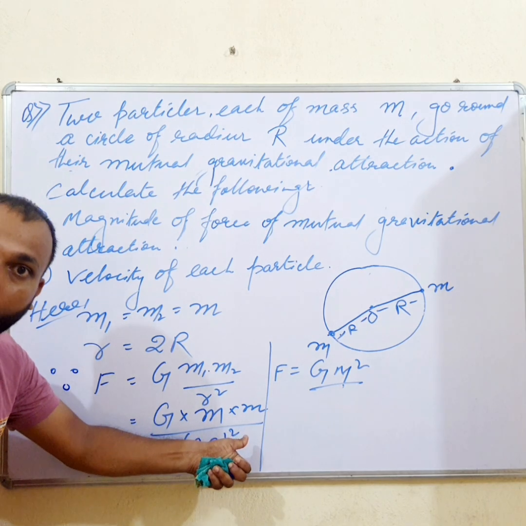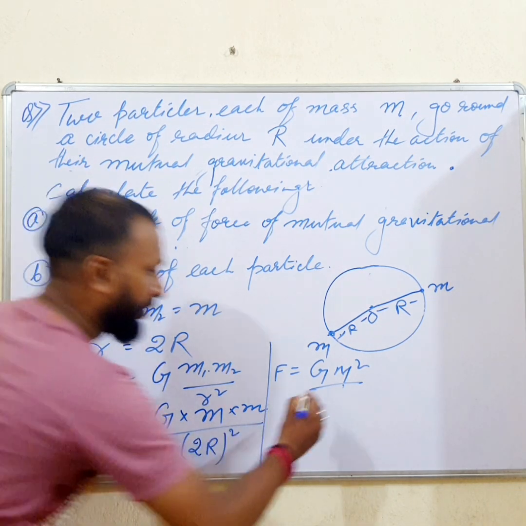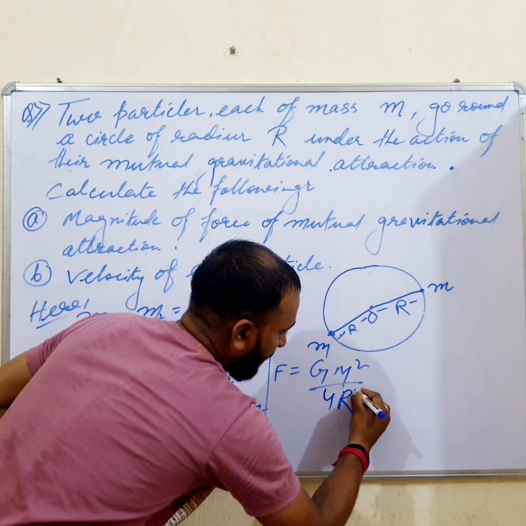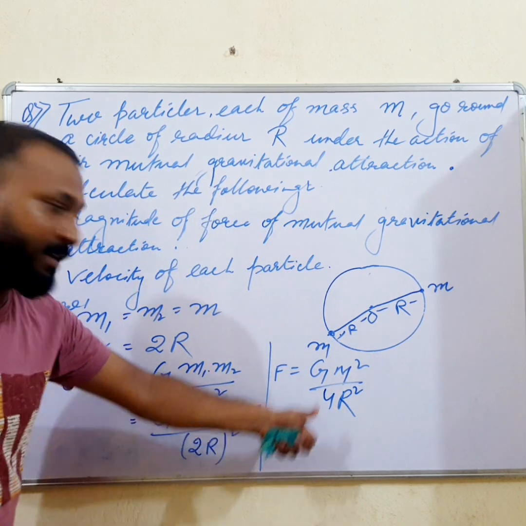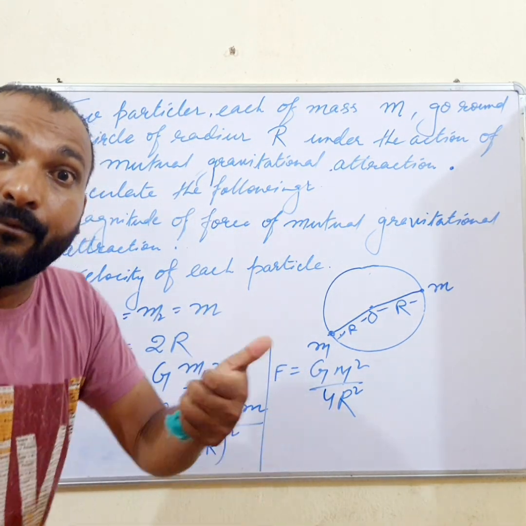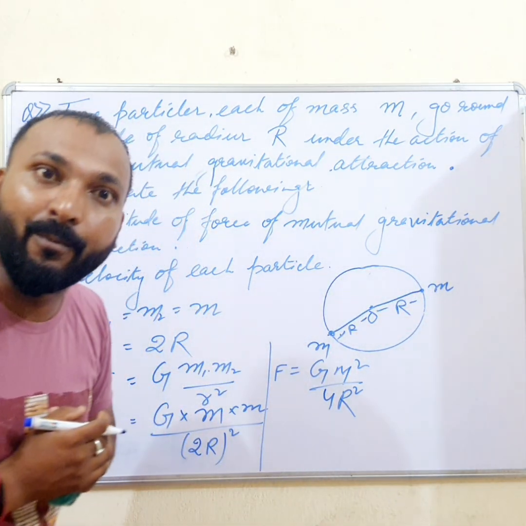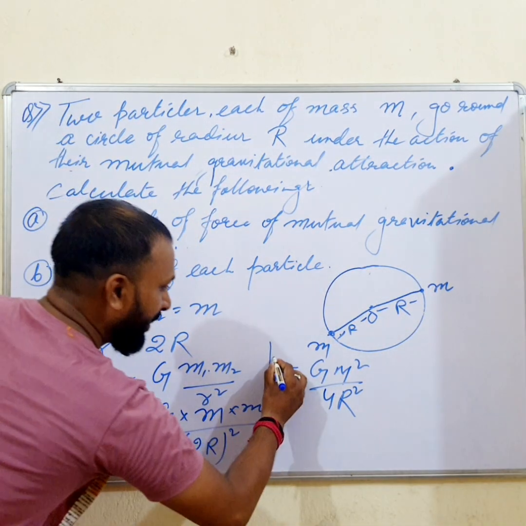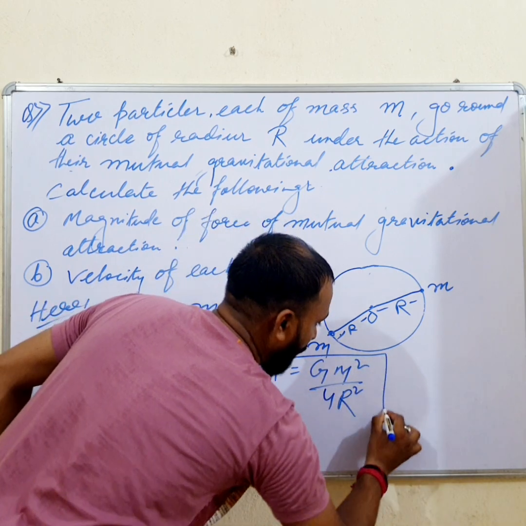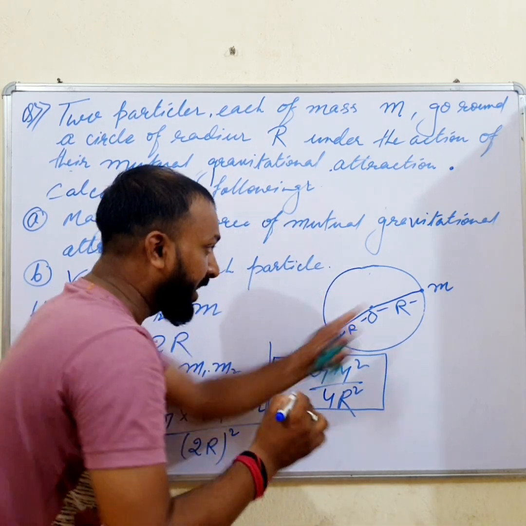So 2 square is 4 r square. This is the entire value of the force of attraction which is exerted between these two objects.